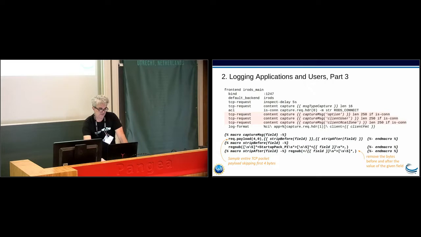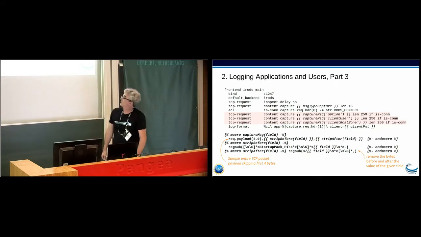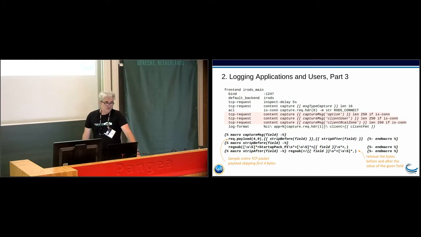This time I used a macro. Jinja allows for reuse. This one also looks at the packet, but since we don't know exactly where the startup packet begins, we take the whole thing after the 4-byte integer and read it to the end.